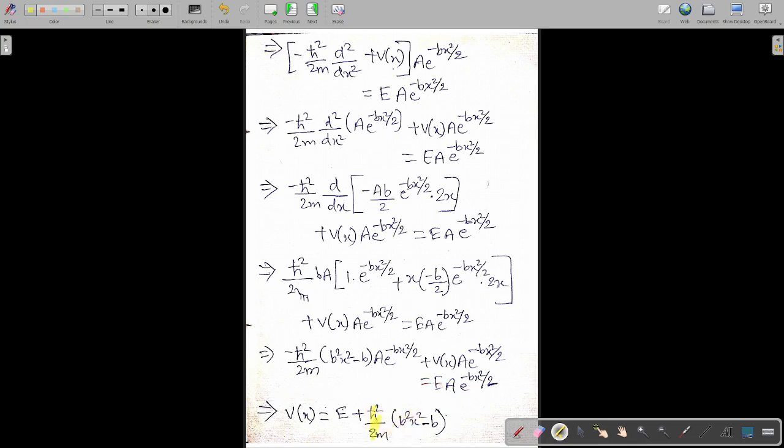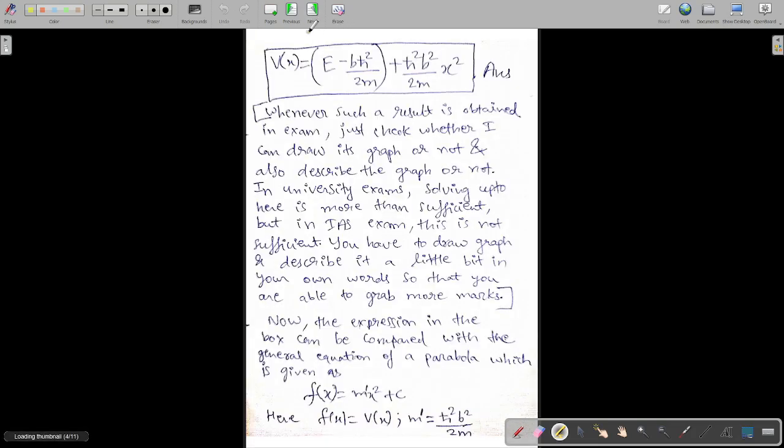And if I multiply this by this, I won't get the x term, I will get constants, because b is a constant. So I will separate this multiplication, and this multiplied by this I will separate. I will write the constant along with this e, right? So this is the final potential energy expression which you get.